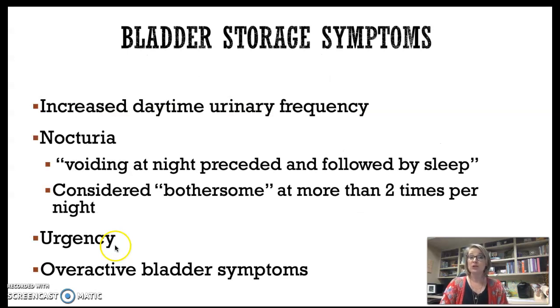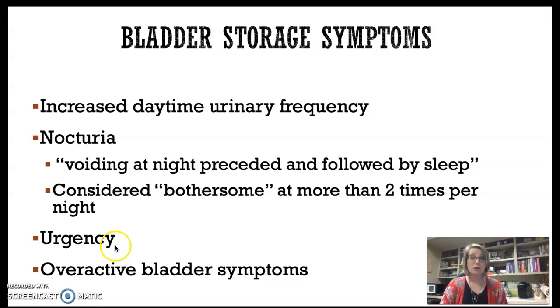So, bladder storage symptoms. This includes the diagnosis of urinary frequency. Increased daytime urinary frequency, or otherwise known as urinary frequency, is typically whenever you go to the bathroom more than 8 times in a 24-hour period. So if you're going to the bathroom more frequently than that, it's considered urinary frequency.